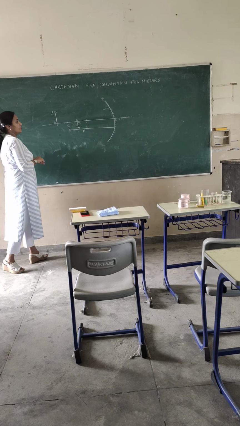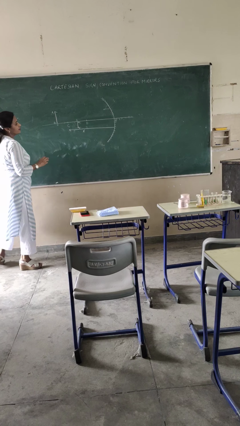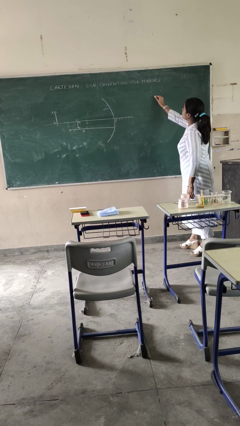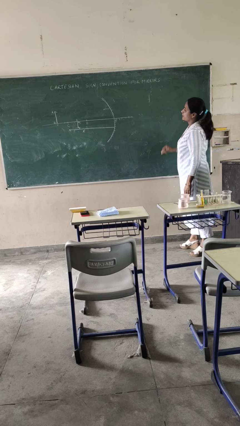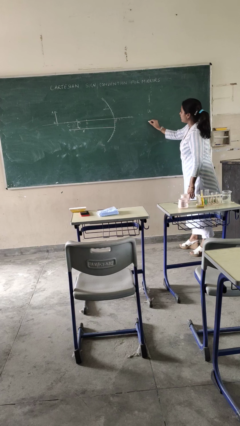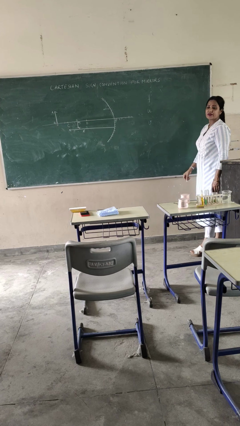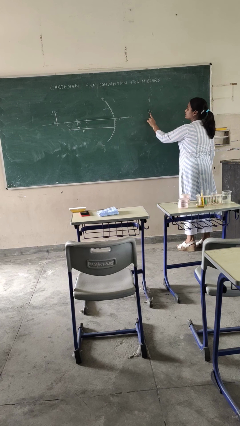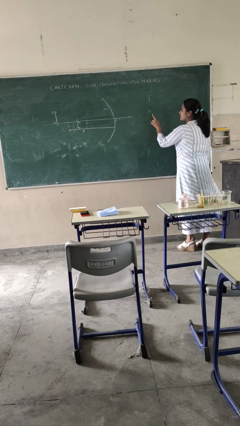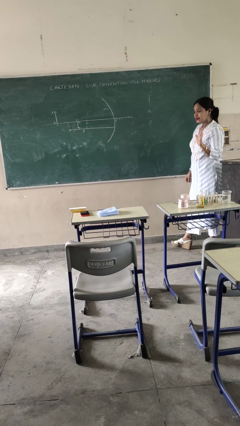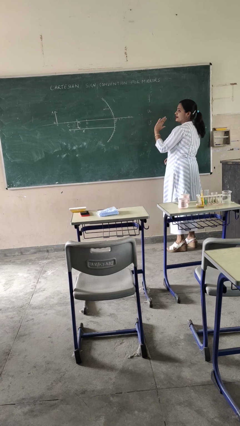Right? Now, first of all, let us see what the mirror formula talks about. It talks about focal length, it talks about object distance, and it talks about image distance. एक बात अच्छे से ध्यान रखनी है कि फोकल लेंथ, ऑब्जेक्ट डिस्टेंस, इमेज डिस्टेंस को डिनोट करने वाले जो लेटर्स हैं, वे वेरिएबल्स हैं. तो इनके साथ हमें कभी कोई साइन नहीं लगाना.